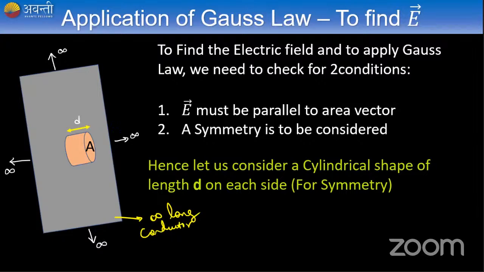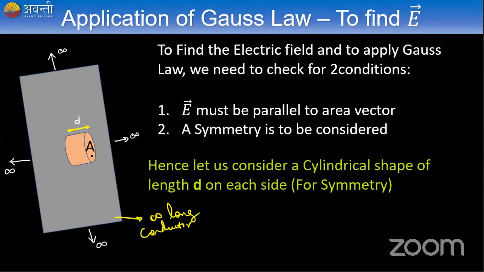Now, in order to apply Gauss's law, I have considered a small surface. Say I have to consider the equipotential surface. So I'll consider a cylindrical surface of length d. We had already calculated the electric field due to a cylindrical surface, so it makes our calculation simpler.